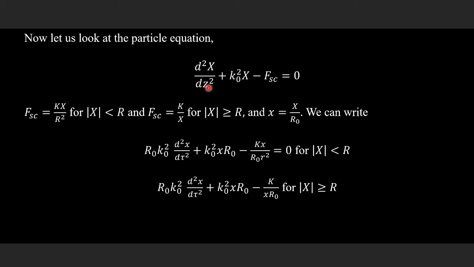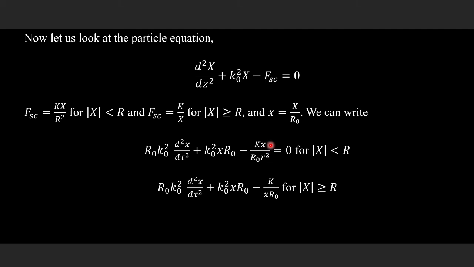We want the derivative with respect to tau, which is equal to k naught z. So we get k naught square d tau square here, and since we want small x here, we divide by r naught and multiply with r naught. So r naught here and small x here, plus k naught square, again small x, r naught, because we multiply and divide this capital X by r naught. Capital X by r naught will give me small x, and one r naught is left.